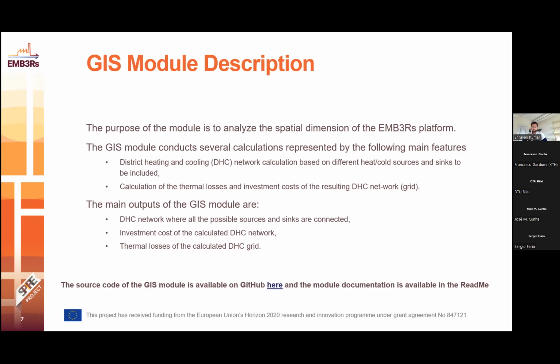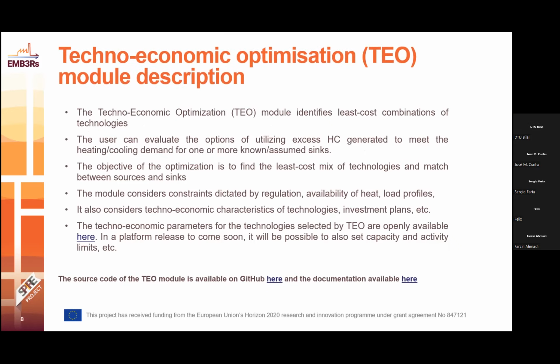There are also other functionalities which will be released in subsequent versions of the platform, where we'll have the possibility to upload an existing grid, so it can also analyze, say, an existing grid which is already there, and the connections of these sources and sinks to an existing grid. So over to the next module in the simulation, which is the TEO, the techno-economic optimization.